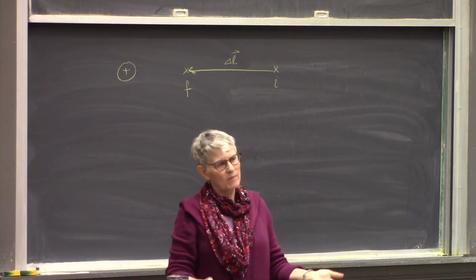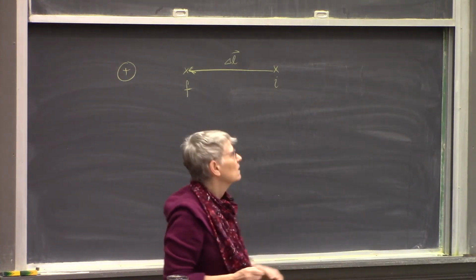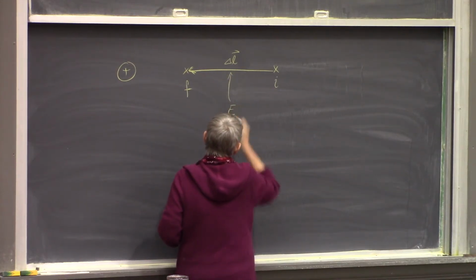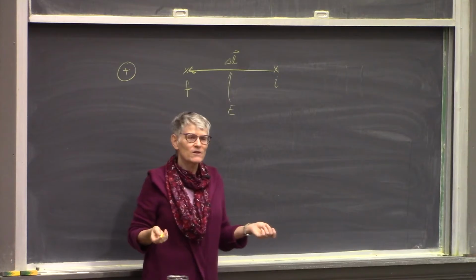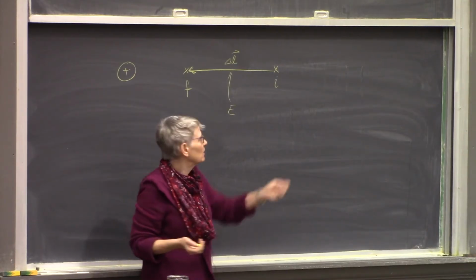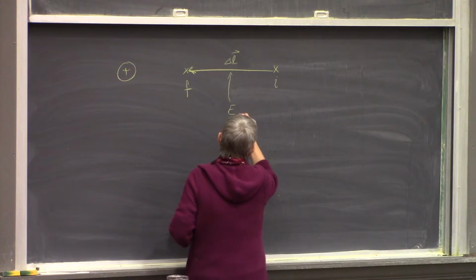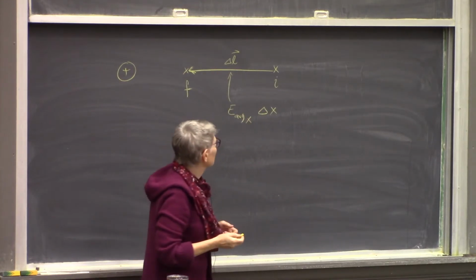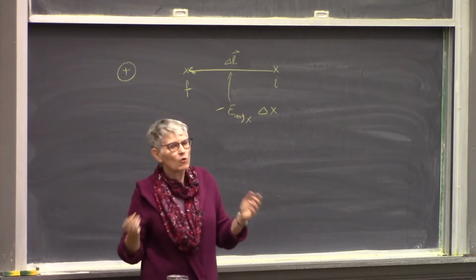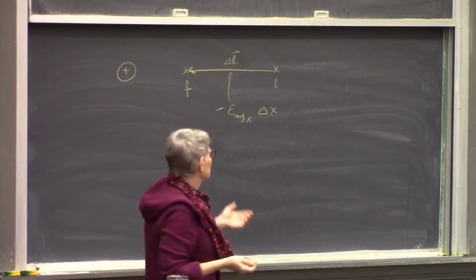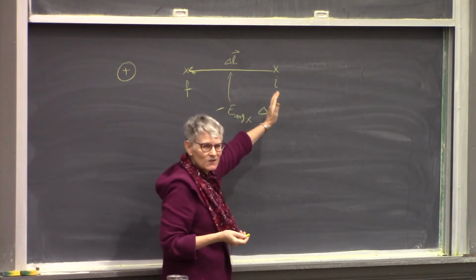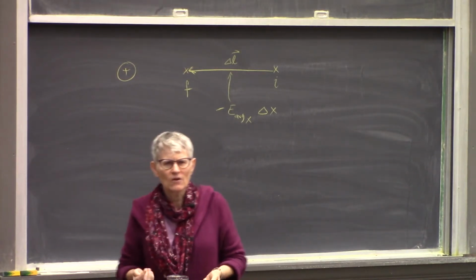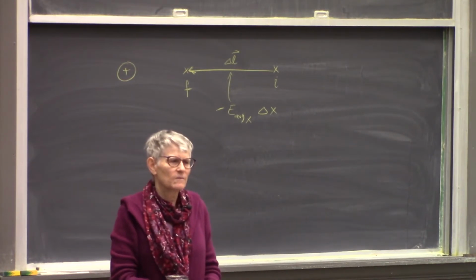So we could get an approximation if we said, well, we could calculate the electric field here and say that's some sort of average, and we could multiply that times delta x. But that isn't a great approximation because it's not changing linearly, is it? It's falling off fast with distance. So what else could we do?